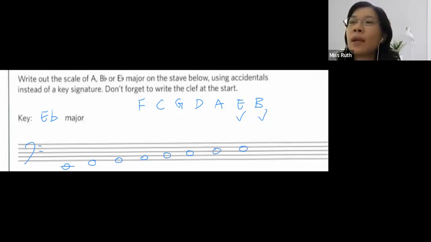Three flats, we count to the left for the accidentals order. So it's B E A flats. So B is here, E is here, the first and last, and then A is here. So altogether, basically there are three flats only in the major scales, but in a key signature. But when we write in a scale, we need to bear in mind whether the first and last note need to add one more.